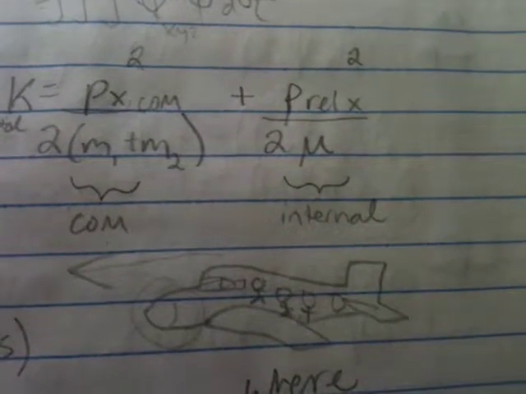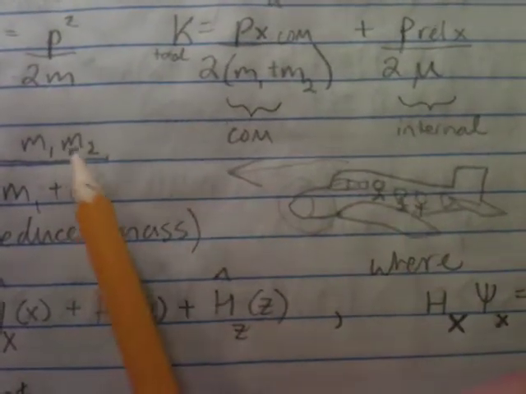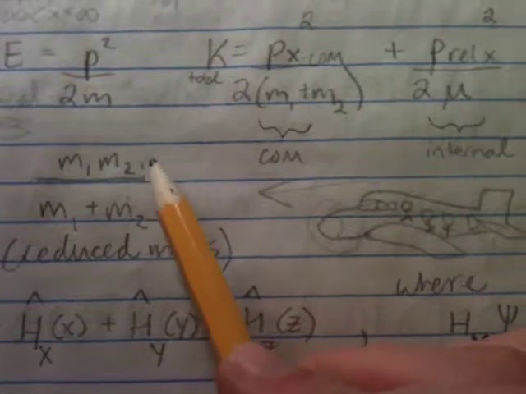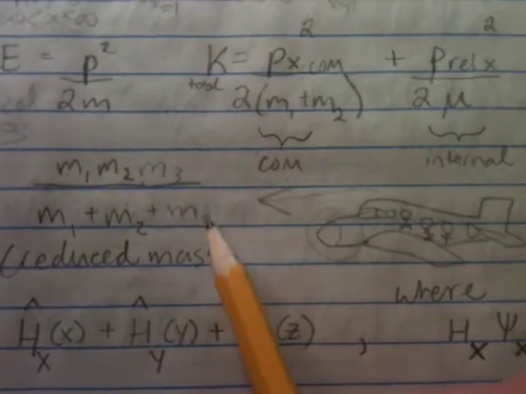Reduced mass is the masses multiplied over the masses totaled. So for example, in this case we'd have 3 dudes, so we'd actually have M3 plus M3. But it's the same for anything, you just keep adding more M's. Alright, cool.